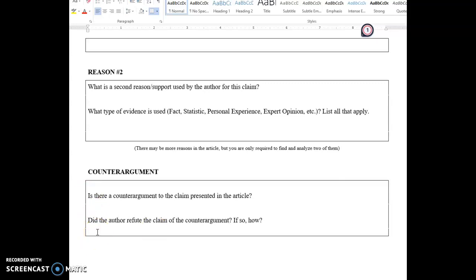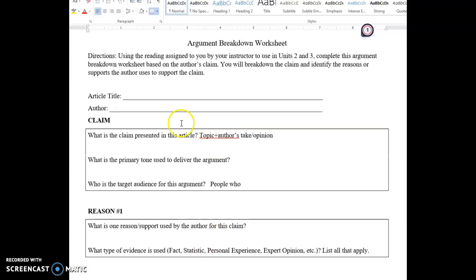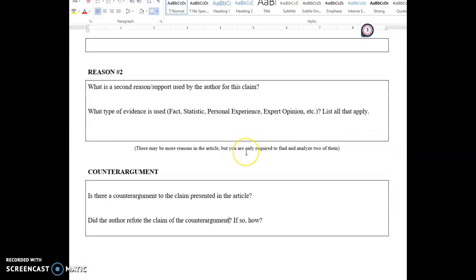So what you want to include in the counter argument section is an explanation of if there was some kind of counter argument presented to this main claim. So the author has their topic and they make some kind of opinion or offer some kind of take on it. Does the author include anything from what the other side might see?